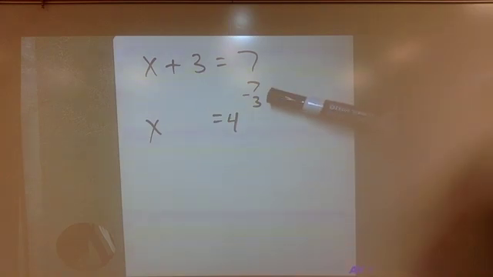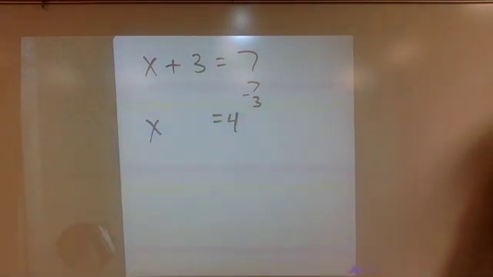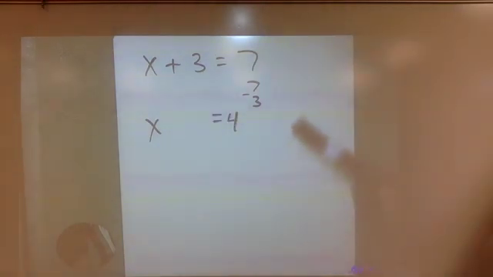So we subtract 3 from 7. We're doing the opposite. We're working backwards. So that's why the inverse rule exists, because algebra is basically working backwards to get to that mystery number. What do we add to 3? 4. 4 is 3 less than 7. So that's why the inverse rule exists.